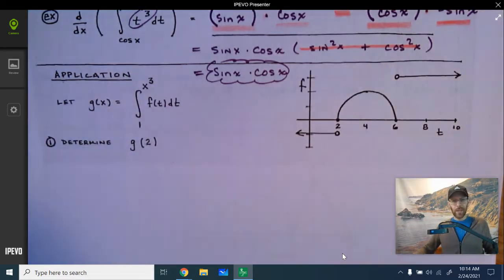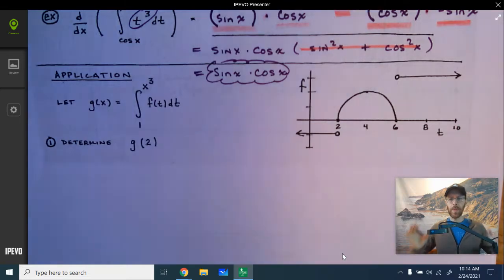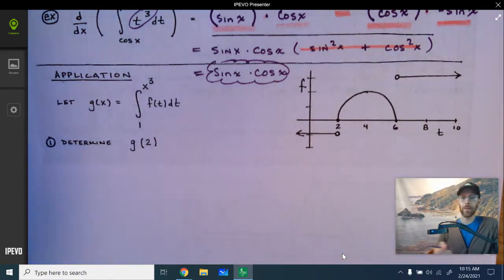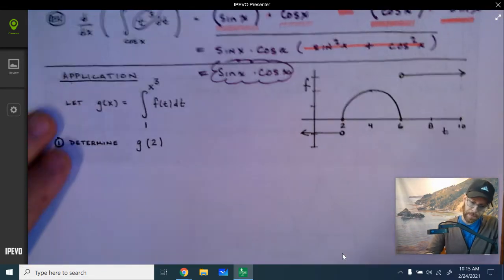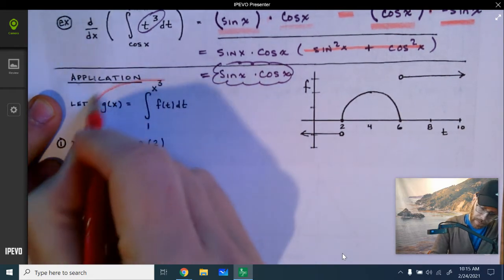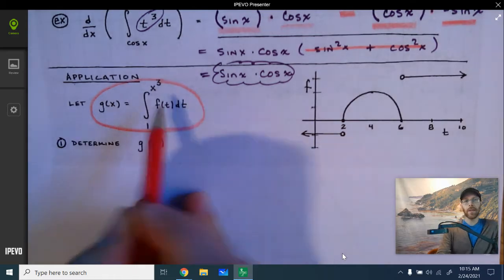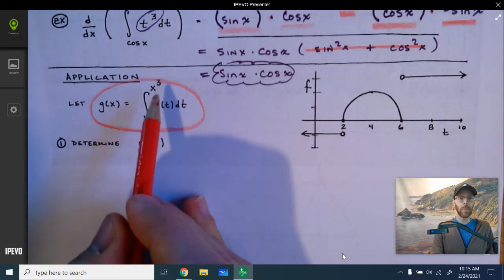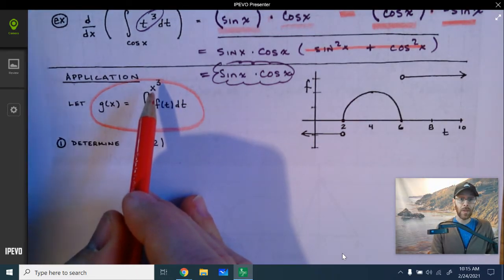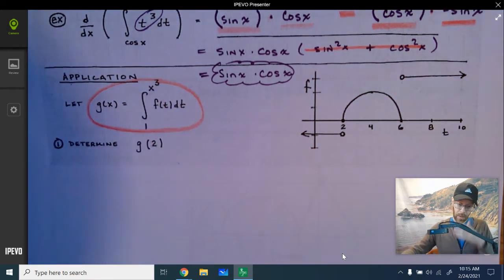Okay, so how do we use this? Well, we use this because it is related to integral functions. So check this out. Here's a type of integral function that you have not seen before. This time, rather than your upper bound being something simple like x, your upper bound is going to be x cubed.